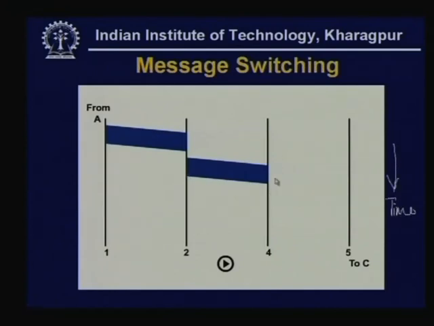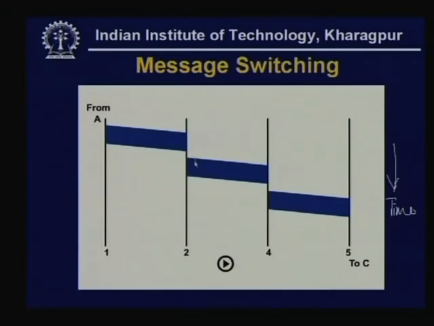So again it is stored here for some duration, then again from node 4 it goes to node 5 where this destination station is attached. So this is how message goes from a node to another node, and each place it is stored and there is some delay, and then the entire message is sent.